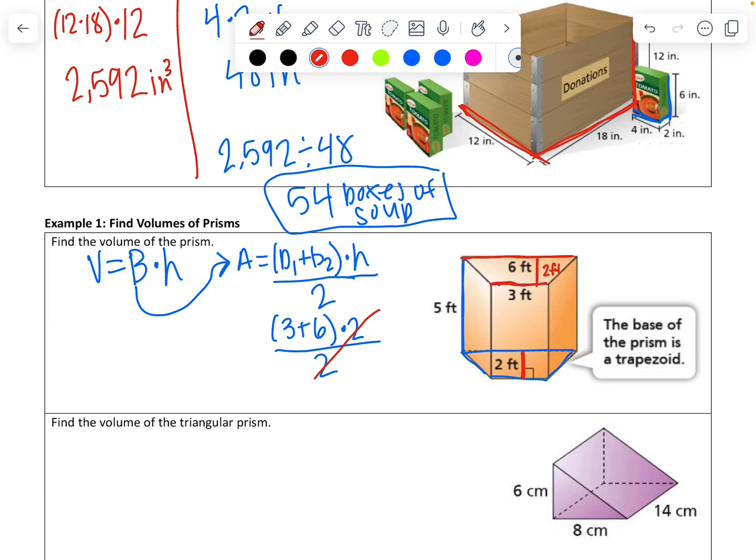So when I come over here, I would have 9 times our height, which is 5. We would get 45 feet cubed as our final answer. So you're just finding the area of the base and then multiplying it by the height.